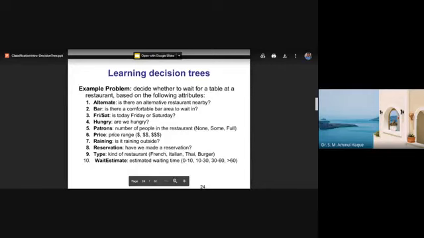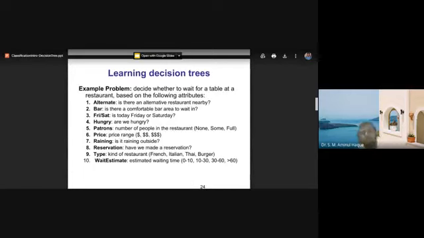We have patrons, price, raining, reservations, type, and wait estimate, which is how long you have to wait, a sort of estimation. Just think about it: a single decision, whether you will wait in the restaurant or not, depends on these 10 parameters, and all the parameters are important to you.